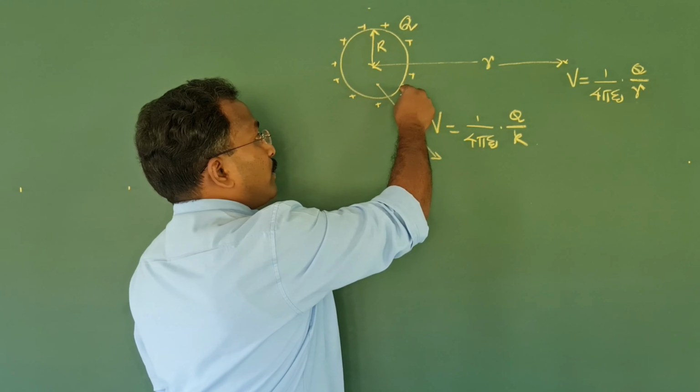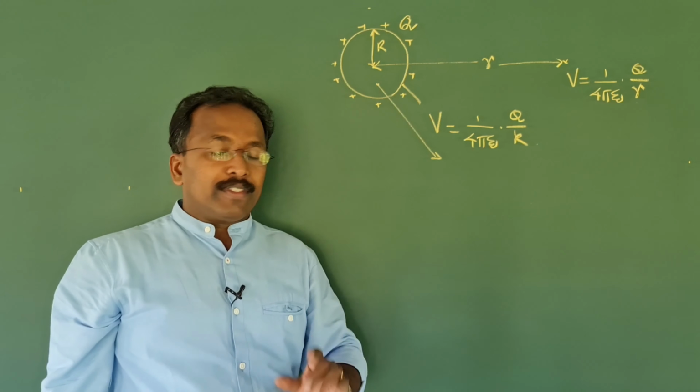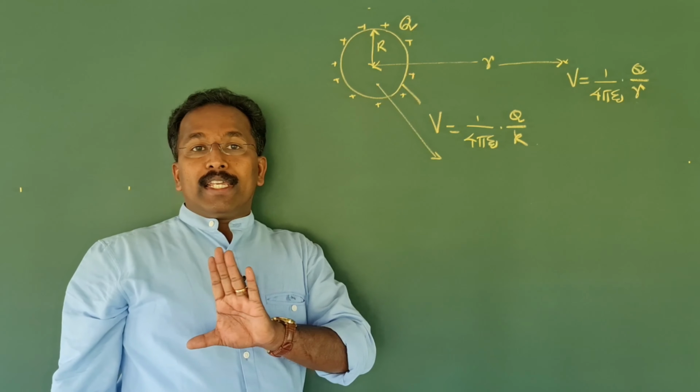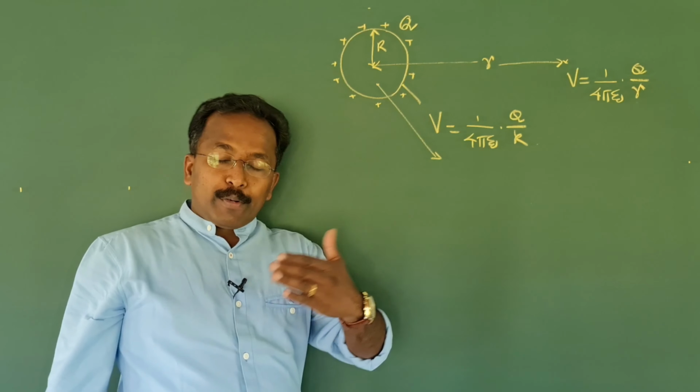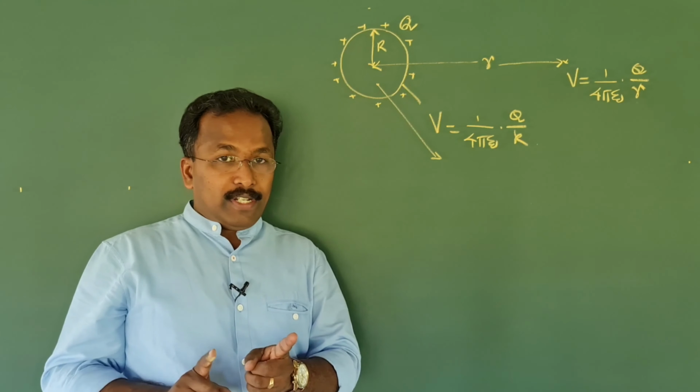If the surface potential and inside potential are the same, then only electric field can be 0. Because if the potential is different, there will be electric field. You know that. So the inside potential will be V is equal to 1 by 4 pi epsilon 0 into Q divided by capital R, the same as that on the surface.